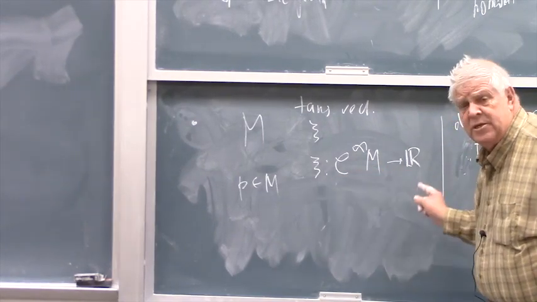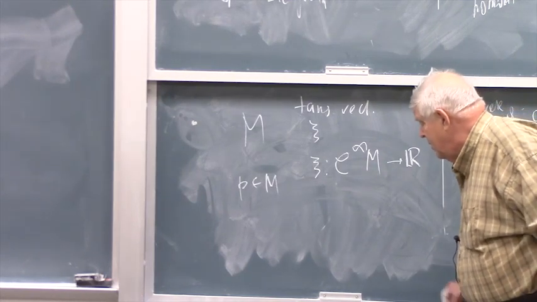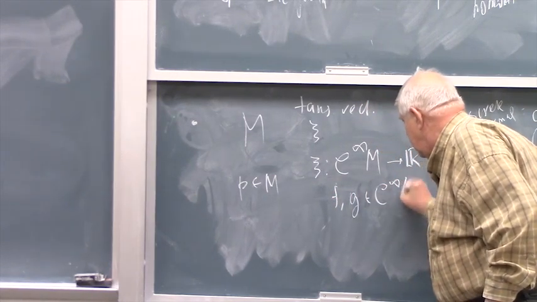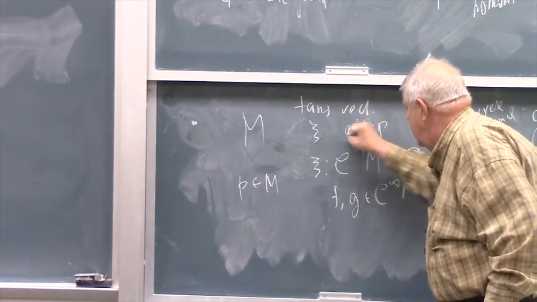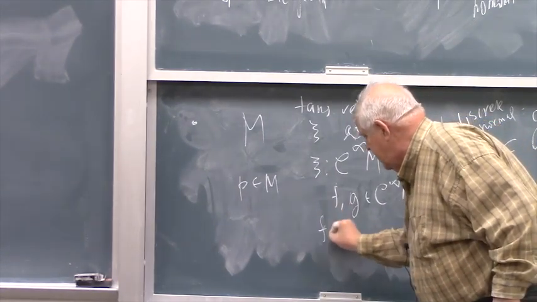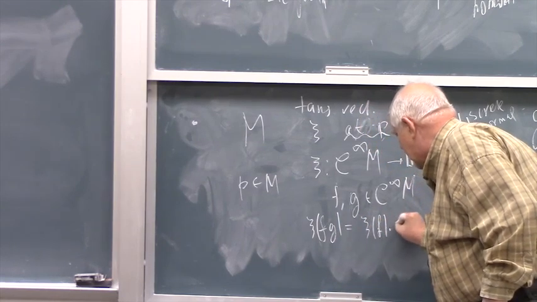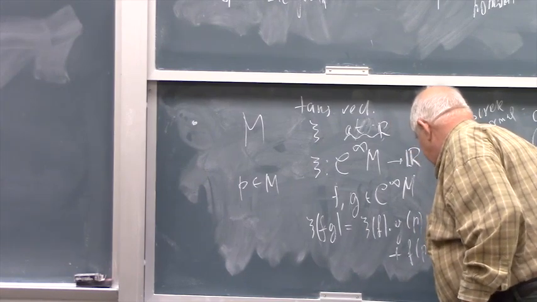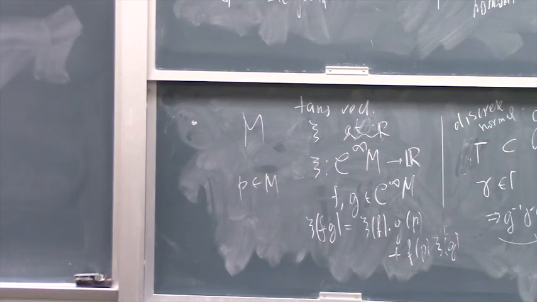So, a tangent vector is a map of C infinity M into R, such that for every two functions F and G on M, defined near P, Xi of FG is equal to Xi of F times G of P plus F of P times Xi of G. This is one of many possible definitions of a tangent vector, which is very convenient technically.